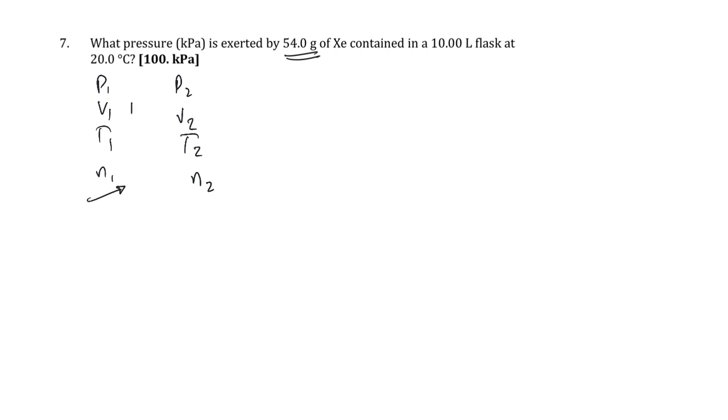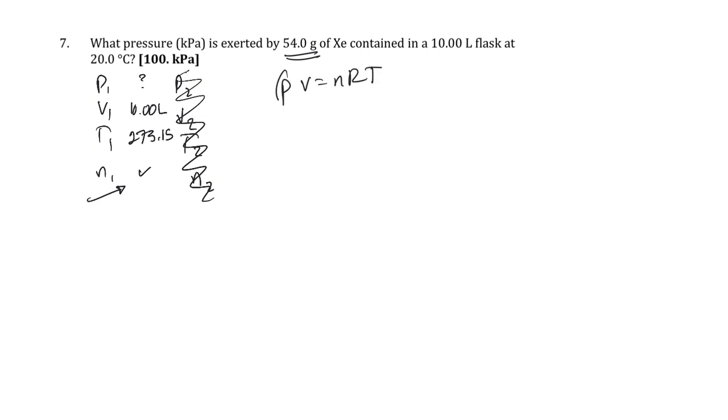They give me a volume, 10 liters. They give me a temperature, again 273.15. I'm looking for pressure, but they're not changing any of those, so I'm not going to use any of those other gas laws. I'll be using PV equals nRT.